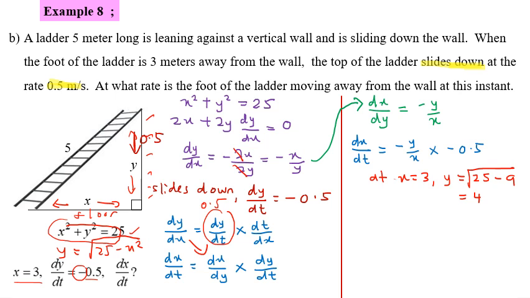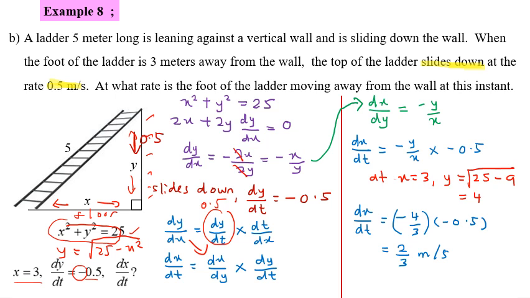So y equals 4 when x equals 3. With that, we can calculate the value of dx/dt. So substitute y as 4, x as 3, and negative 0.5 is already there. The negatives cancel, so the final answer dx/dt should be positive. Okay, so positive 2/3 meter per second.